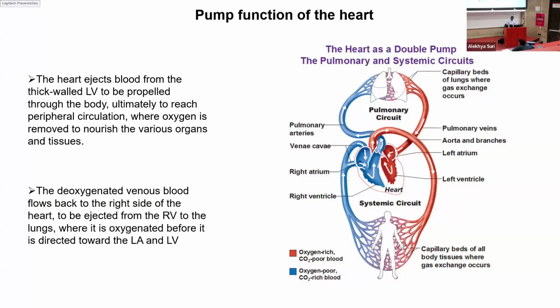And this has a pathological importance, but under normal physiology, this is how it works. But in pathological conditions, during heart failure, you will see backward failure or forward failure depending on the circulation. For example, if it is a pulmonary circuit defect, then it is called backward failure. And if it is a systemic circuit failure, then it's called forward failure.